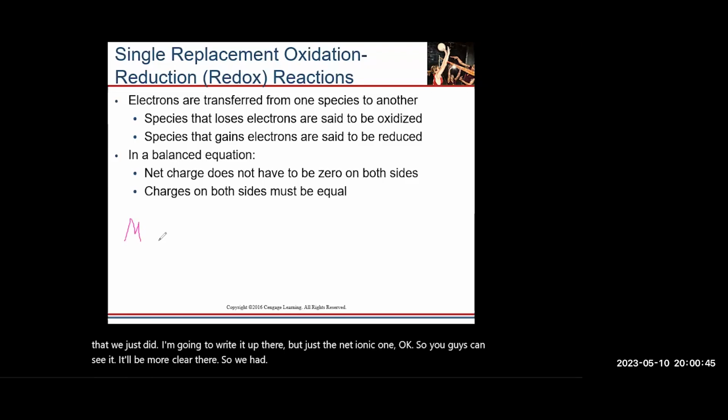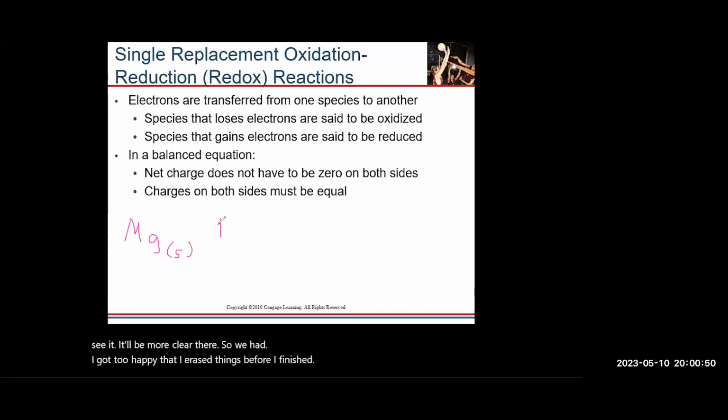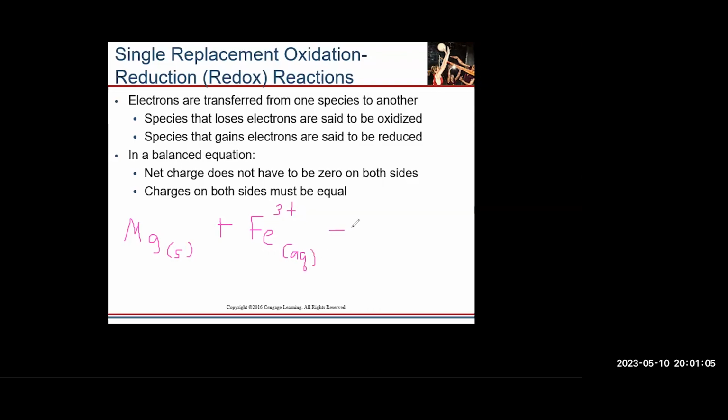I erased things before I finished. I know it's in a different order than it was. The order doesn't necessarily matter. What matters is what's happening.